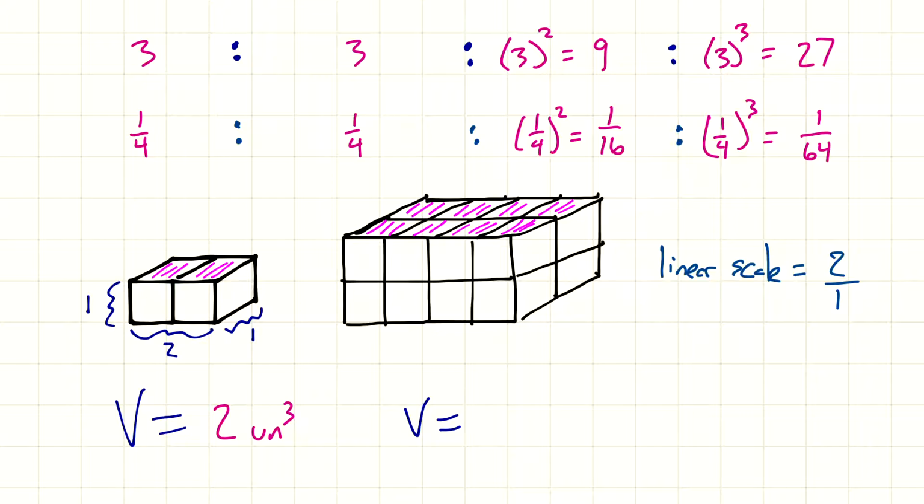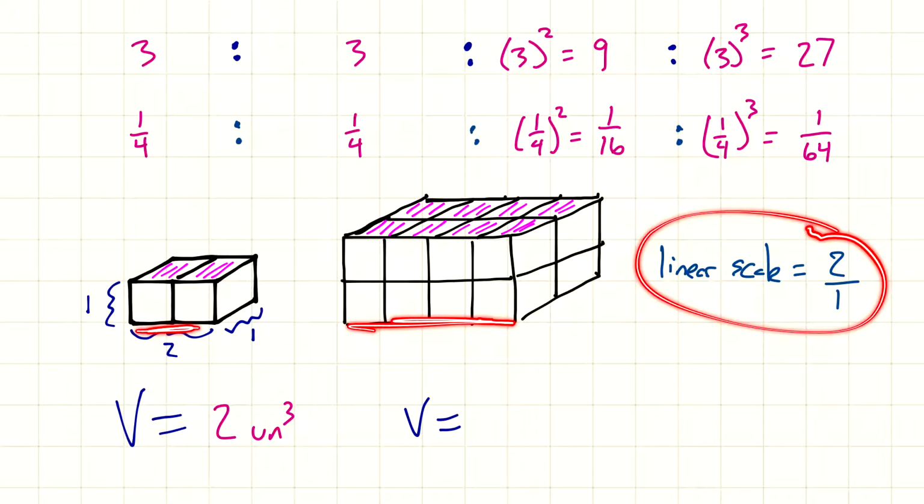All right, so in the larger prism, we could probably count them the same, but the larger this shape gets, it might be a little bit harder for us to count. So if only there was a faster way of doing that. The faster way is really by using the linear scale factor, which we just figured out.